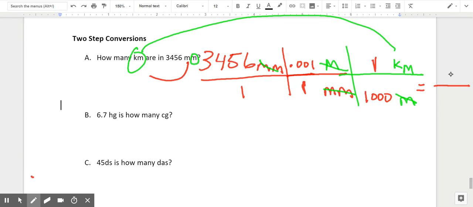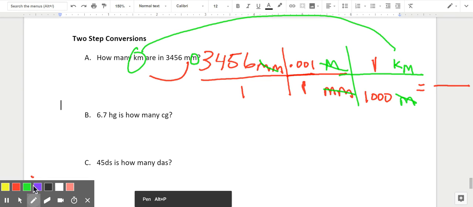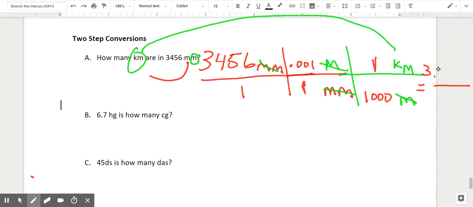We get a new fraction. 3,456 times 0.001 is 3.456, and 1 times 1,000 is 1,000.